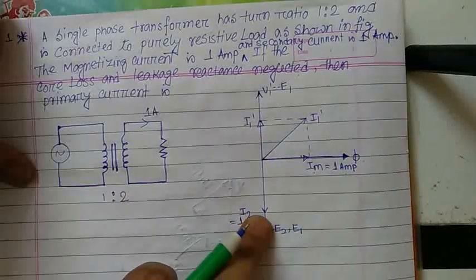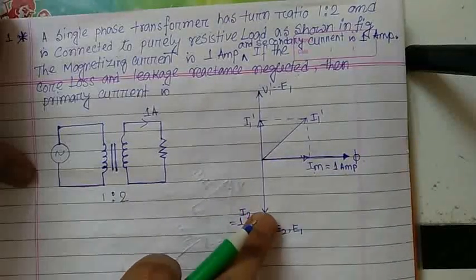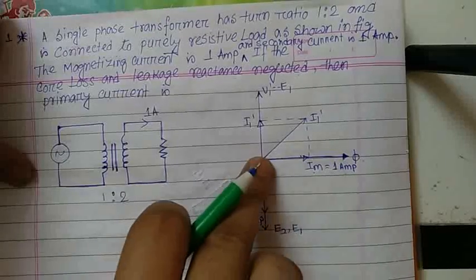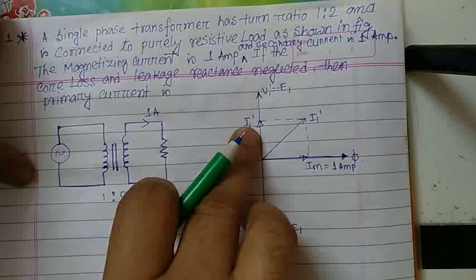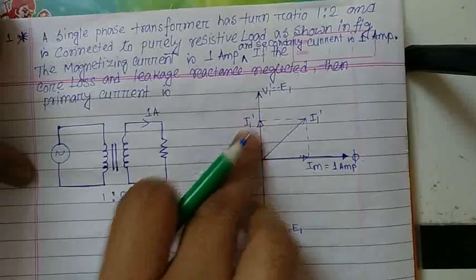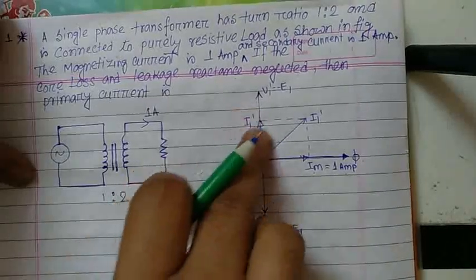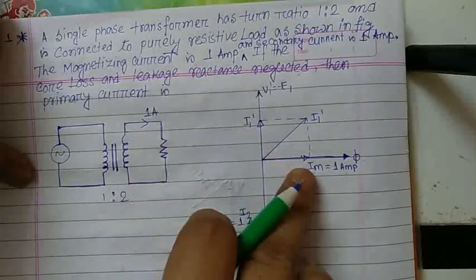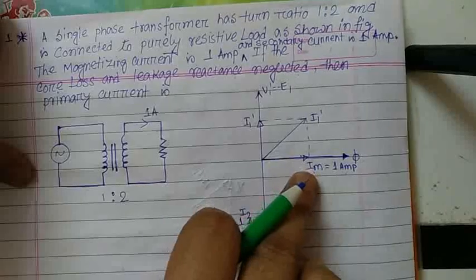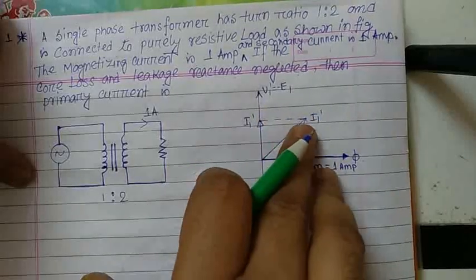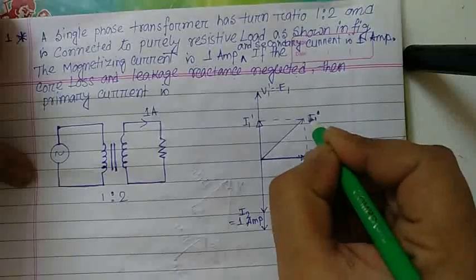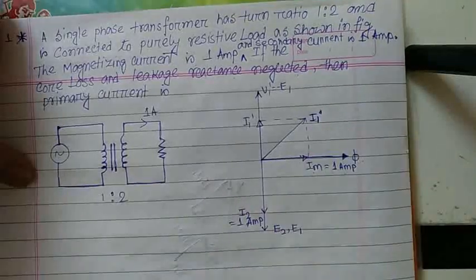This secondary current must be counteracted by the compensating current I1 dash. That is the compensating current. Now the phasor sum of I1 dash and Im gives the total primary current I1.